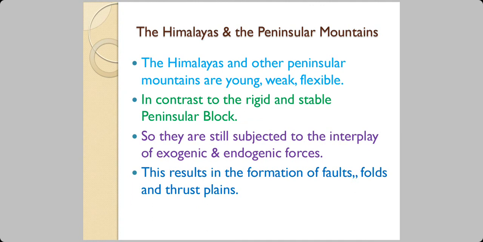Now we study the Himalayan and the Peninsula mountains. The Himalayas and other peninsula mountains are relatively young and weak and also flexible. This is in contrast to the rigid and stable peninsula block. So they are still subjected to the interplay of exogenic and endogenic forces. That is the reason why earthquakes are common in the Himalayan areas.